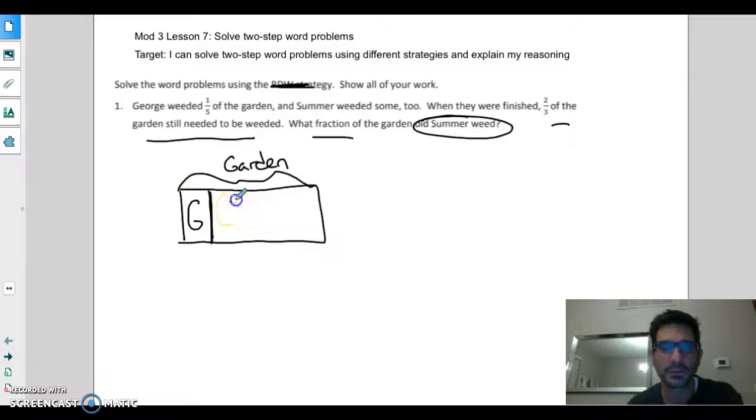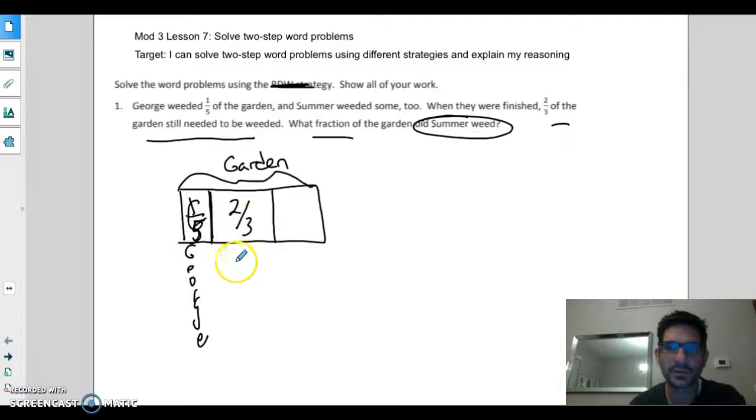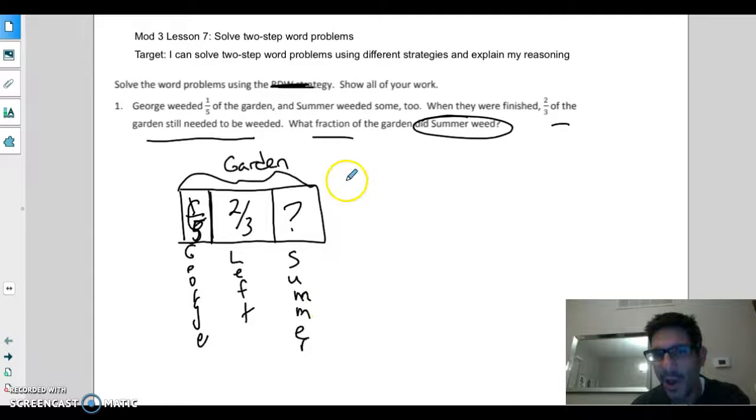And then 2/3, so this is George, and this was 1/5. This is the 2/3, and this was what was left. And then this is on the side because this is what Summer did. Okay, so now we got to figure out what this is.